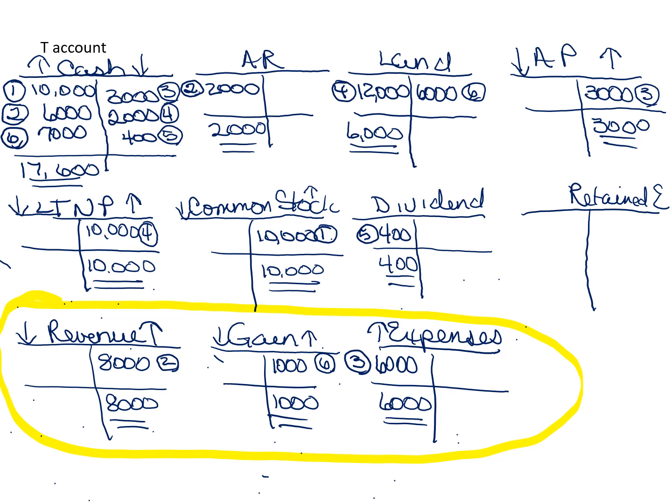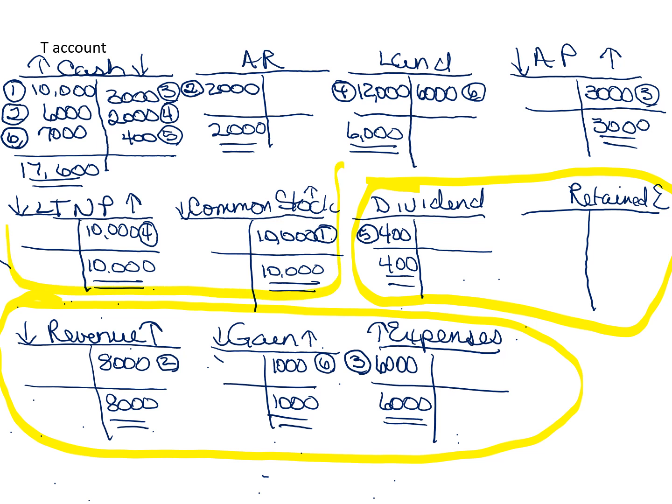And the income statement is made up of revenue and expense accounts. And then we're going to do the statement of retained earnings. And then finally, we're going to do the balance sheet, which is the assets, the liabilities, and the shareholder's equity. So let's see how we do.